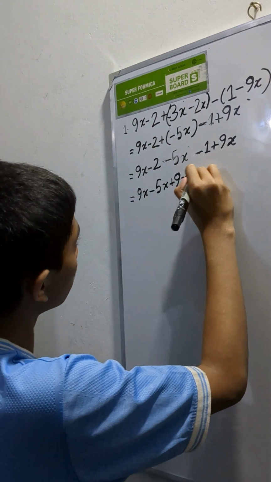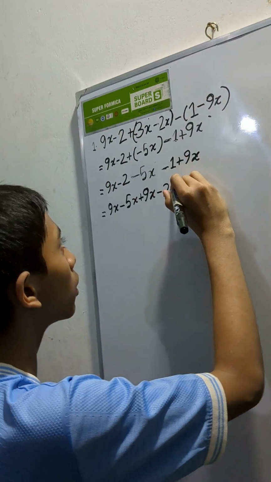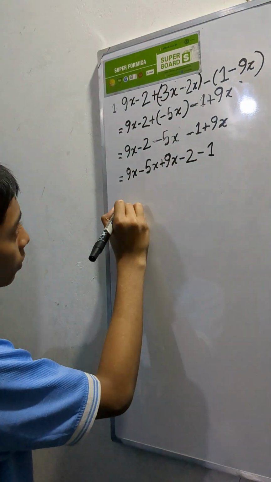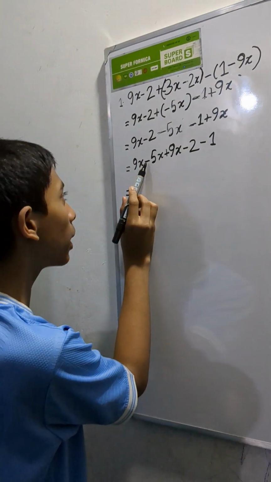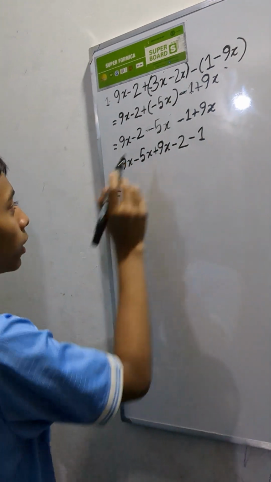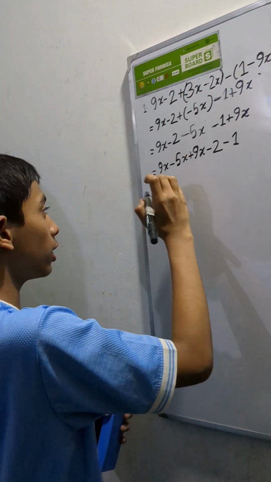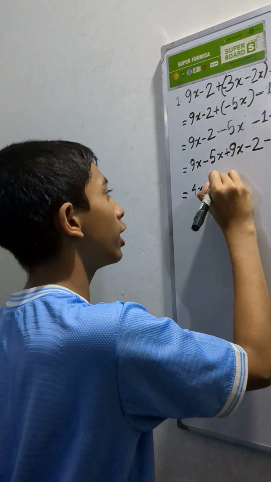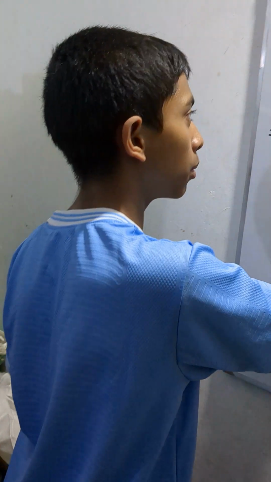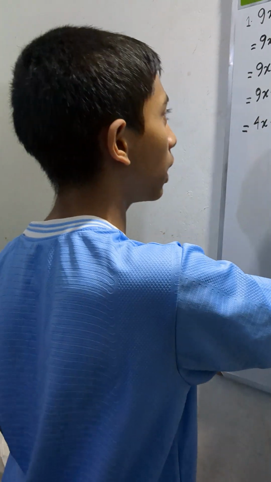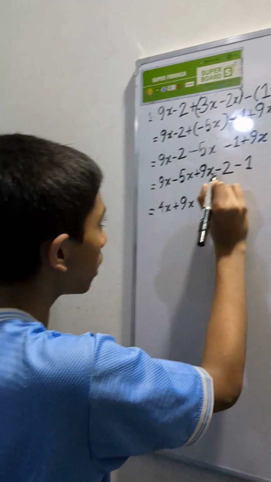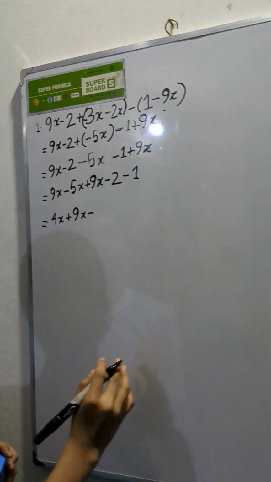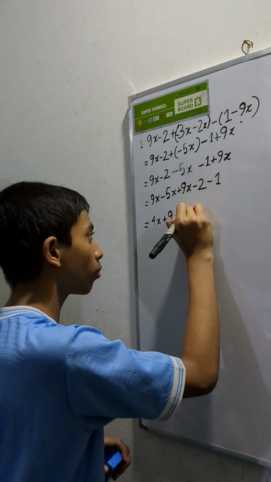Then we will write the number minus 2 minus 1. Now 9x minus 5x plus 9x. I'm doing part by part, okay? Here's 4x plus 9x. Minus minus plus. Here's minus, here's minus, so the sign will be minus. If we multiply minus and minus, it will be plus, so 3.